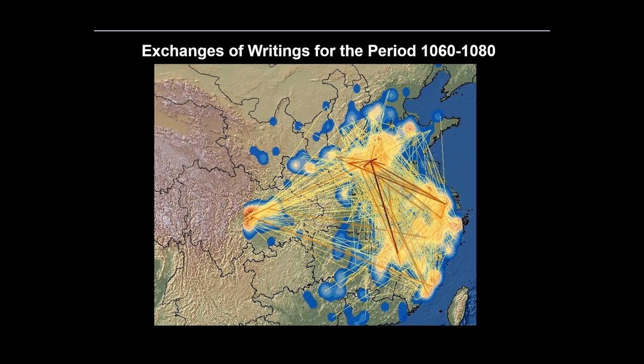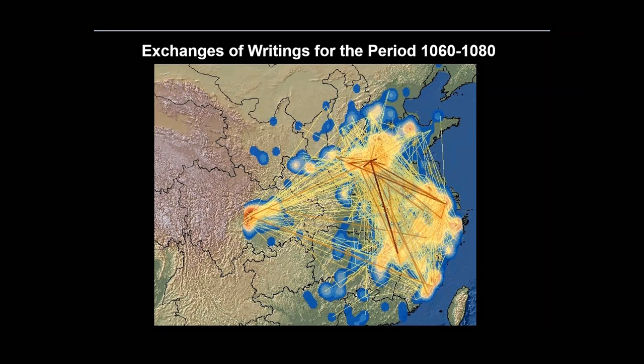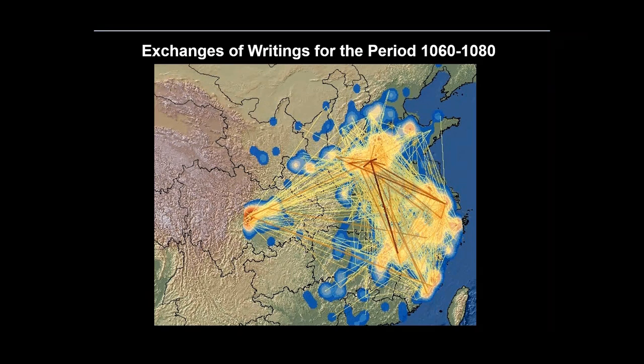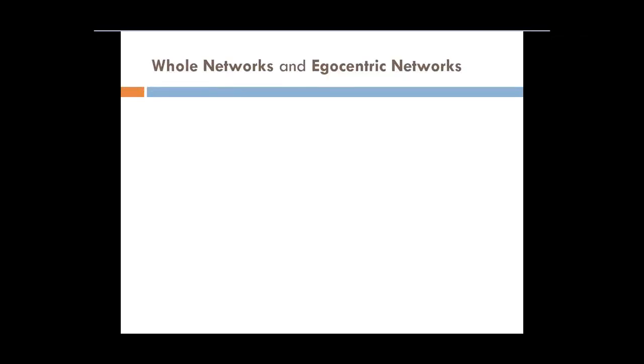So CBDB offers the data, and it also offers the possibilities of not just querying the data from different angles and threading different pieces of information together, but also analyzing the data from multiple different perspectives. So there are many different kinds of networks. Largely, we need to make a distinction between two different kinds of networks here.